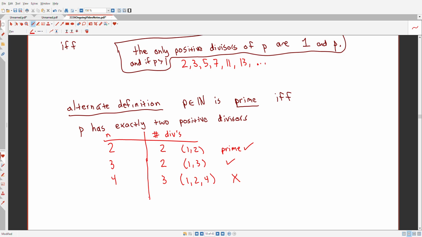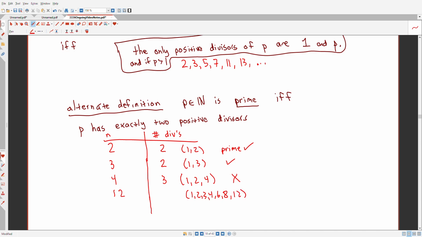And you can pick other numbers that you know aren't prime, like, oh, I don't know, 12. How many divisors does that have? Let me write them over here. It has 1, 2, 3, 4, 6, 8, and 12. Dear God, that has a lot of divisors.